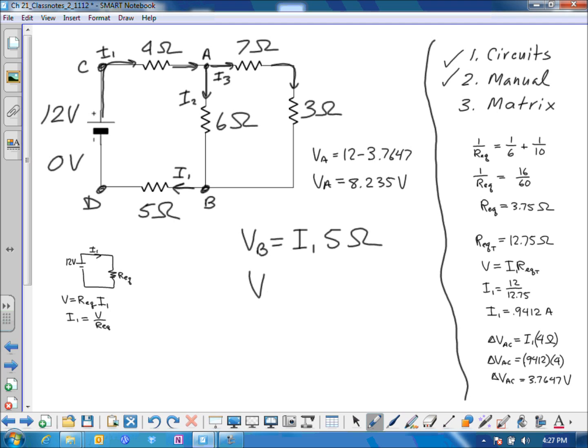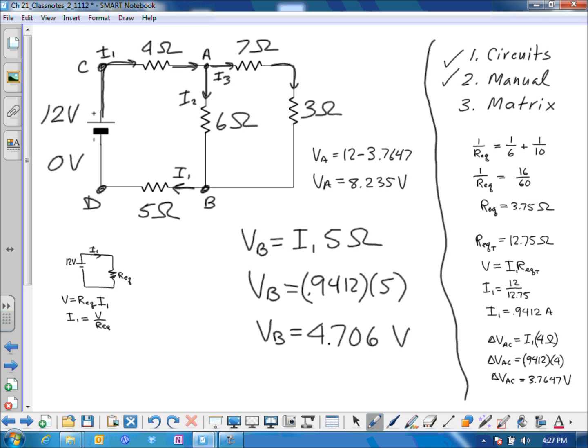I1 we said was 9.9412, times 5 gives us 4.706 volts.